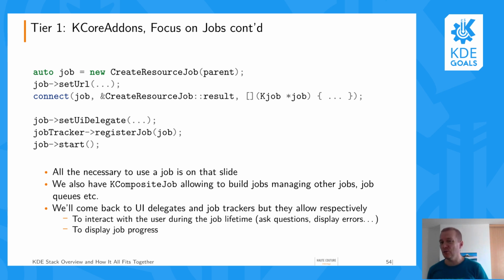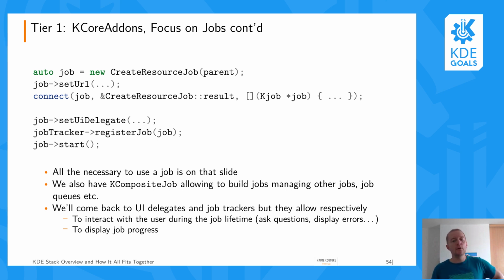Do I need to ask a question to the user, or there's been an error, I want to display it to the user? The job is not dependent on some GUI, so it will turn to, do I have a UI delegate? Yes, then I will call into it to try to interact with the user. But if there's no UI delegate, then it will just live its life with no real way to notify the user. Another thing is to know about the progress of it.